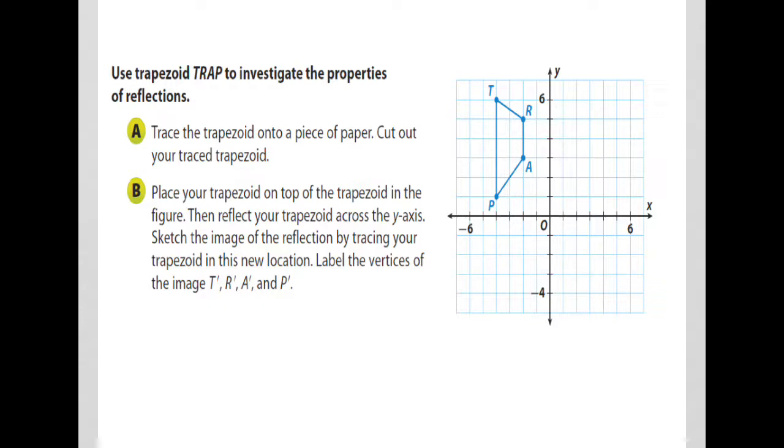If we look at T, then we're looking at this particular point, and this point is P to T and R to T. This particular point, which is a vertex, is T to R or A to R. This particular point is R to A or P to A, and then of course the last one is A to P or T to P. These are our vertexes, and we call them our vertices.